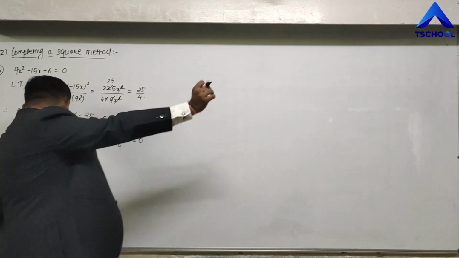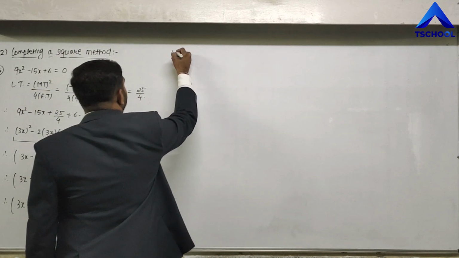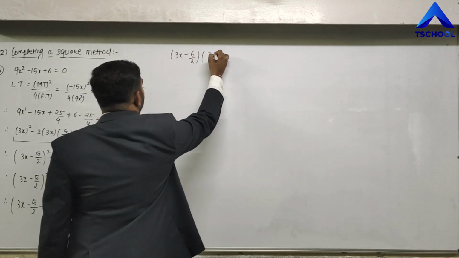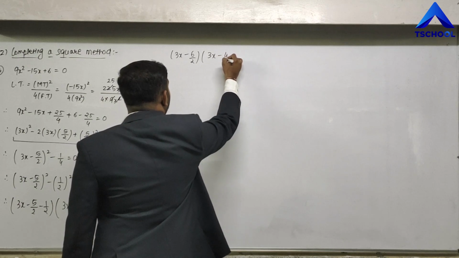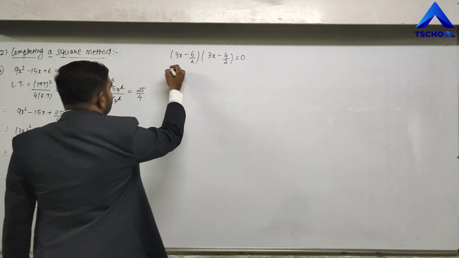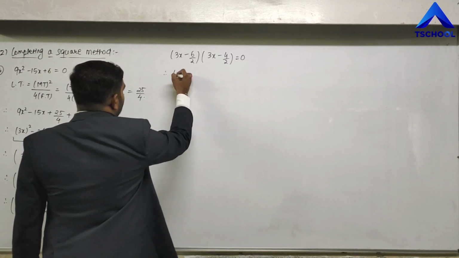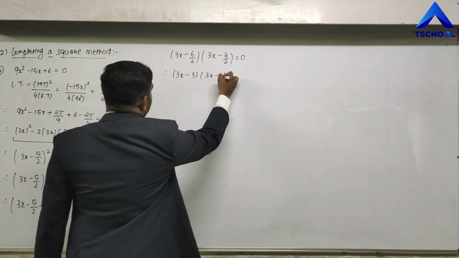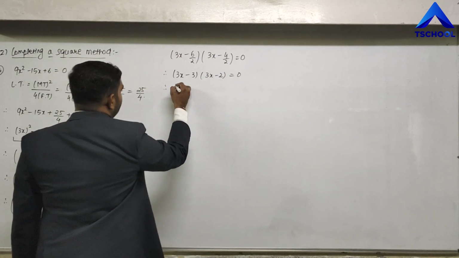So solving it, we get 3x minus 6 by 2 into 3x minus 4 by 2 is equal to 0. Minus 6 by 2, that is minus 3, and this is minus 2, so that is 3x minus 3 into 3x minus 2 is equal to 0.